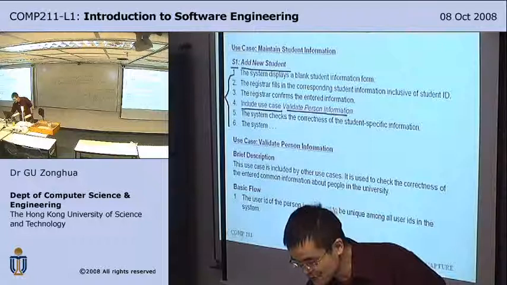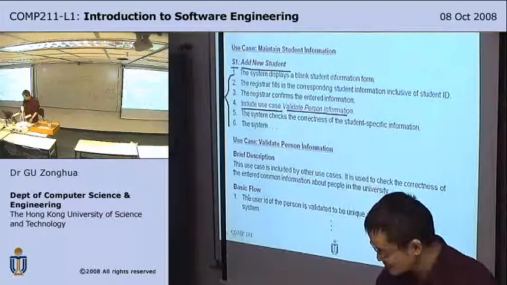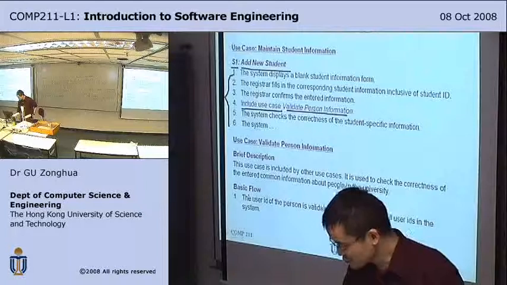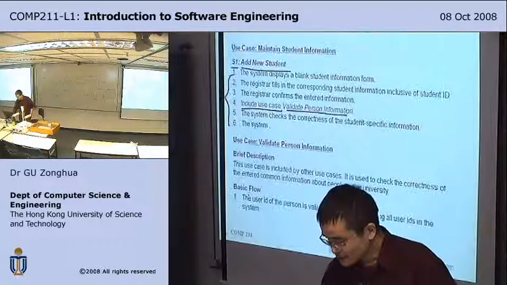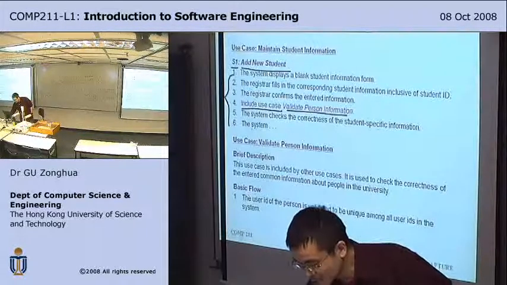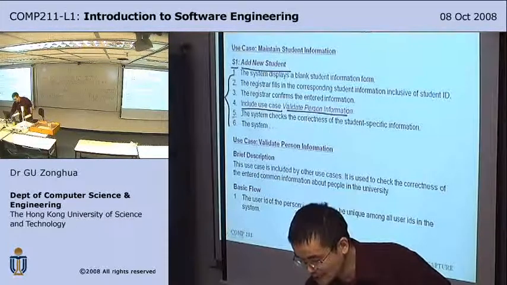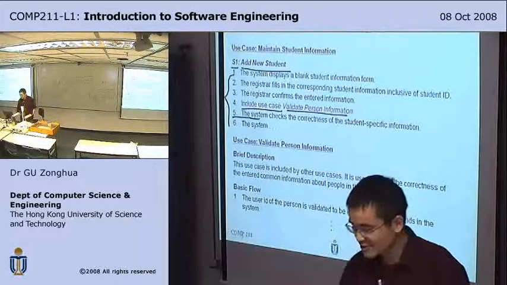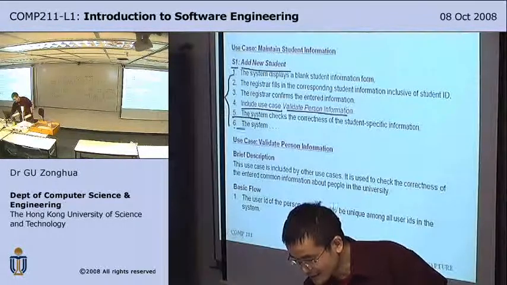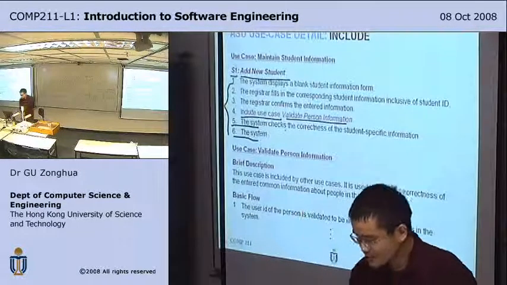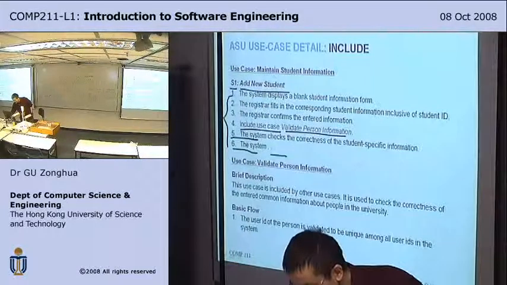about people in the university includes first, user ID is validated to be unique among user IDs in the system, etc. And then after you invoke the include use case, you continue on with number 5, check the correctness of the student-specific information, and number 6. So notice that the include use case sets valid person information.